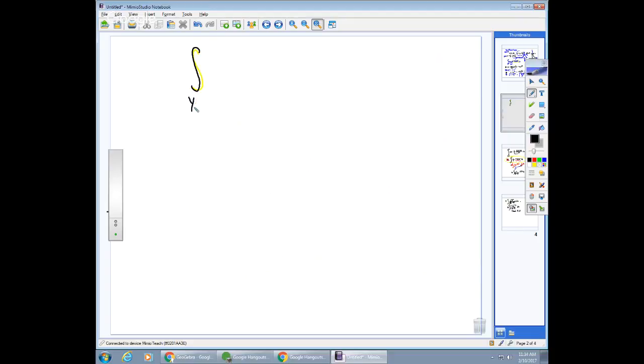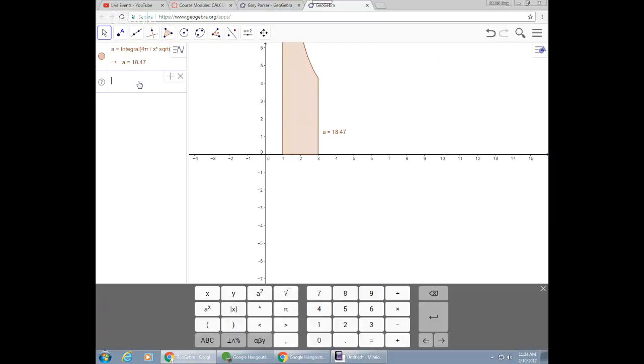Y goes from 1 to 3 of 2 pi times 2 over y, my original function, times the square root of 1 plus 4y to the negative 4 dy. So I'm going to type that one in case I made an algebra mistake, which according to Darren, I did not.